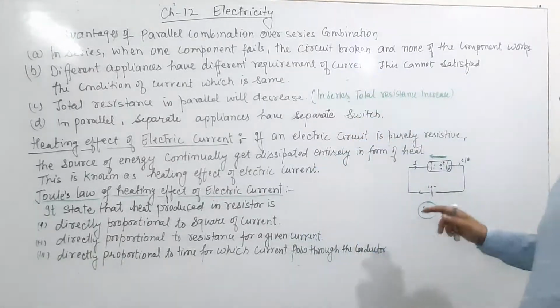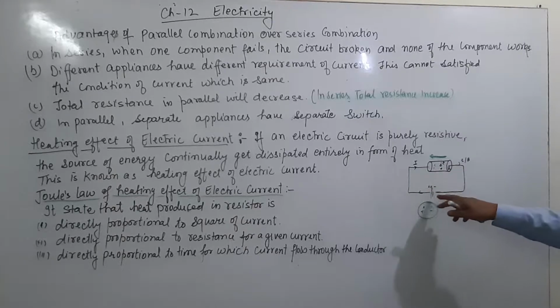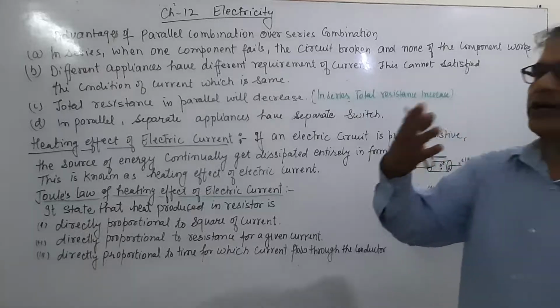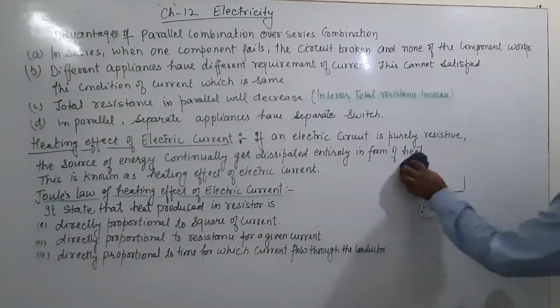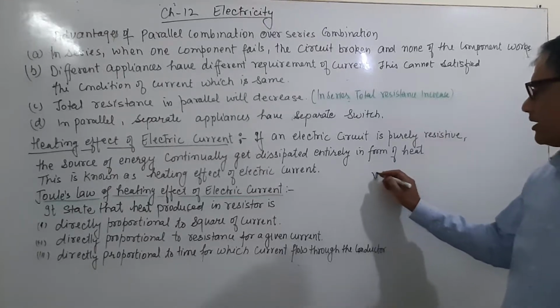In this way, when the electrons are in motion, the current passing through the circuit produces heat. And how this heat is produced, we know it very well. What is the potential difference?